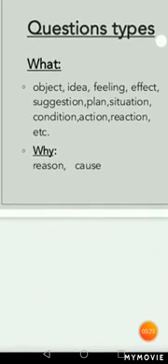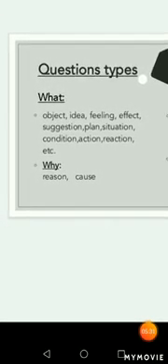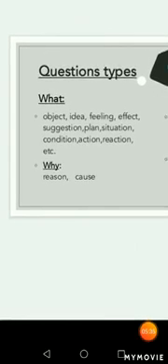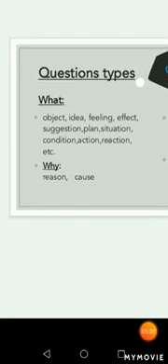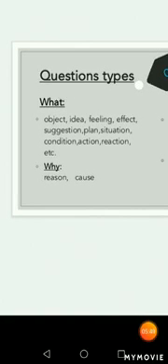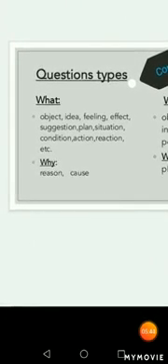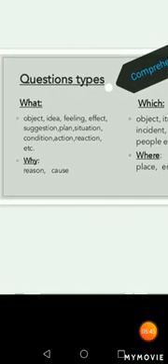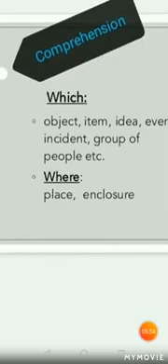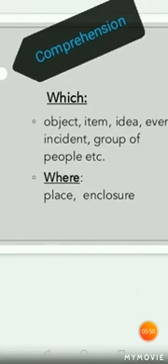If we have questions starting with why, we have to write the reason and cause in the answer. For example, why did Hazrat Asma Radhiyallahu anha tie the food with her own belt? In the answer, surely the reason or the cause is to be written. Similarly, if the open-ended questions begin with where, a place or enclosure should necessarily be there in the answer.